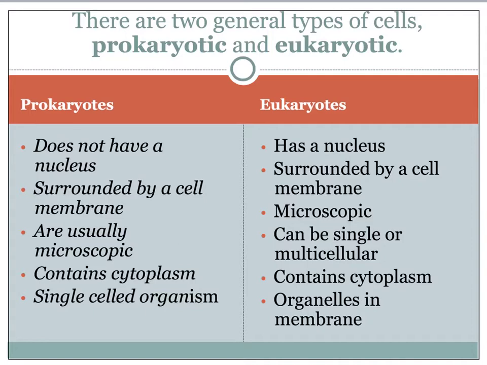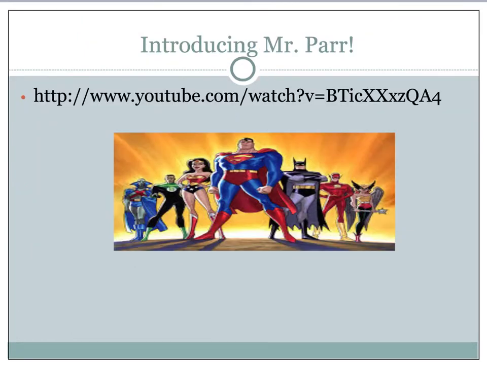Now here's the big thing that you need to know. This is on your homework here, is that both contain cytoplasm. Both are surrounded by a cell membrane. Need to know that. We already heard from Mr. Parr.